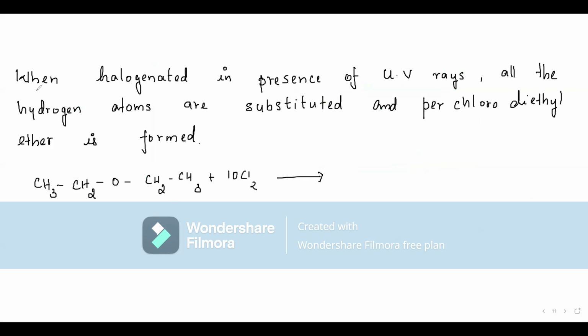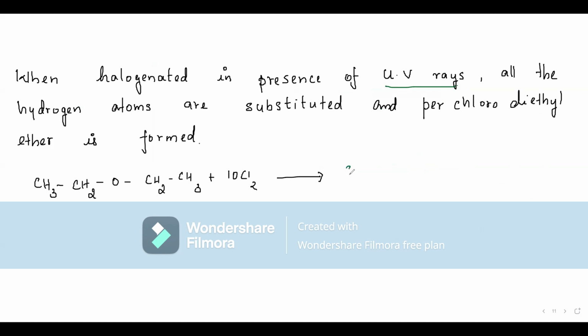Now, if the same ether is halogenated in the presence of sunlight, UV rays, all the hydrogen atoms are removed at once. All hydrogen atoms are replaced by chlorine atoms.